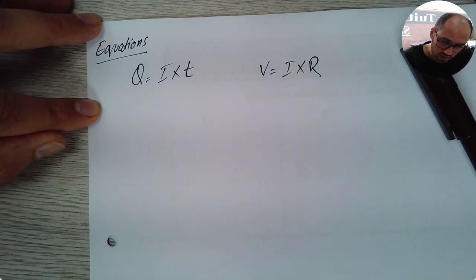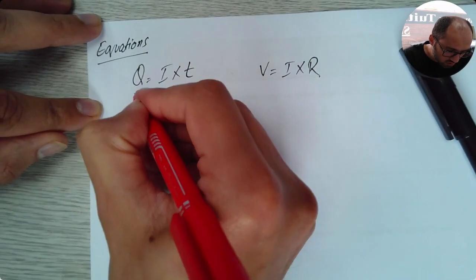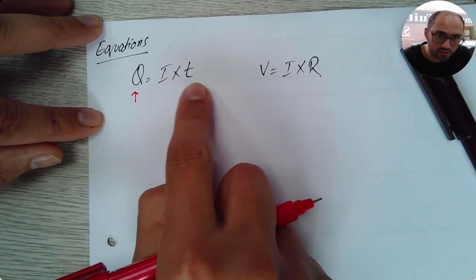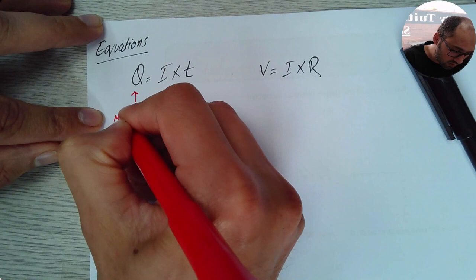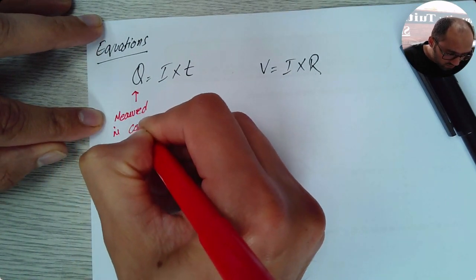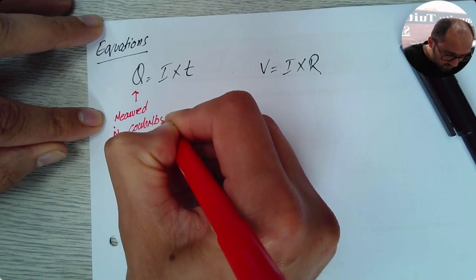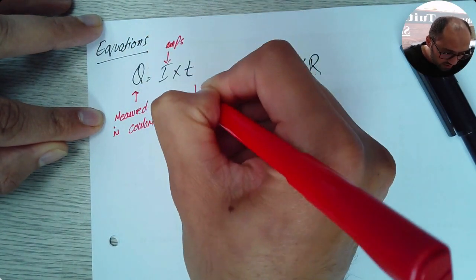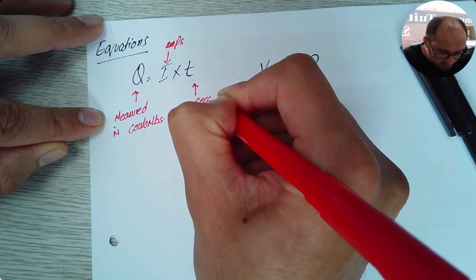Remember one more thing, they may ask you about the unit of this quantity called charge. So it's charge equals current times time. Charge is measured in coulombs. Current is in amps and time is in seconds.